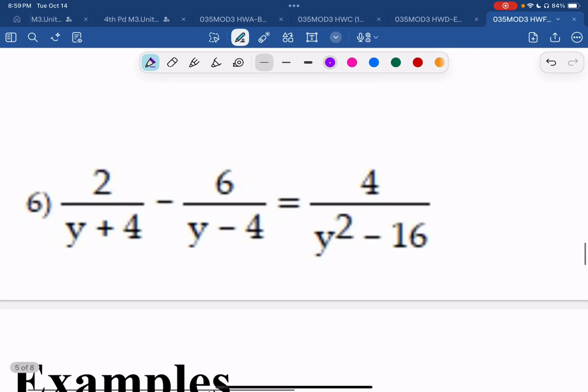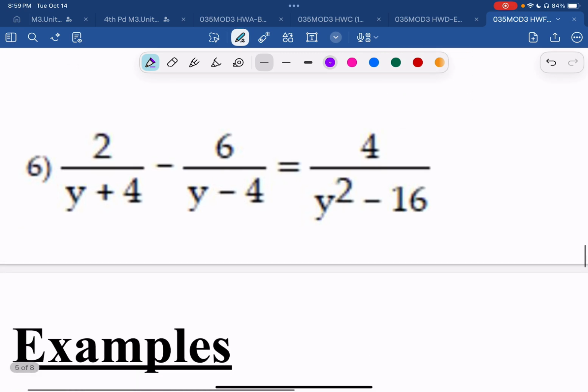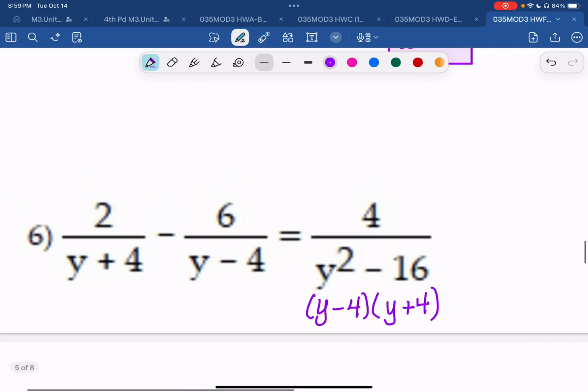All right, let's look at this one. So I've got to do some factoring in order to get my LCD. y plus 4 and y minus 4 are okay, but here I'm going to factor that into y minus 4 and y plus 4. So that means that my GCF, or sorry, my LCD is going to be y plus 4 and y minus 4.